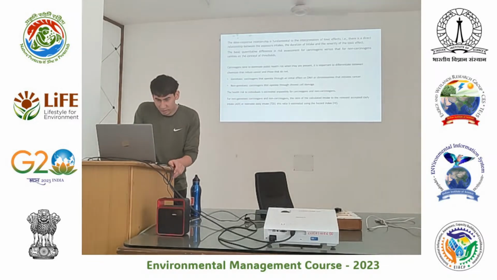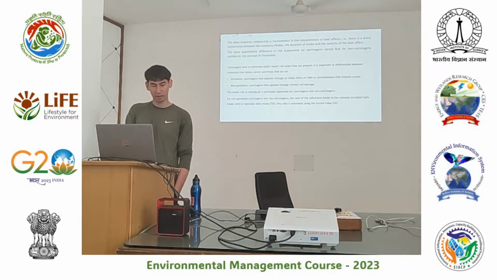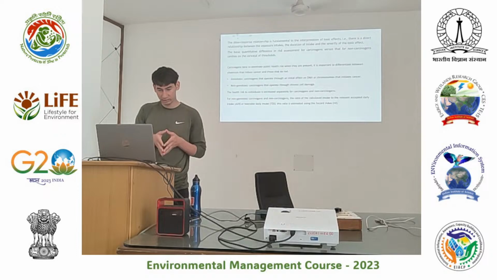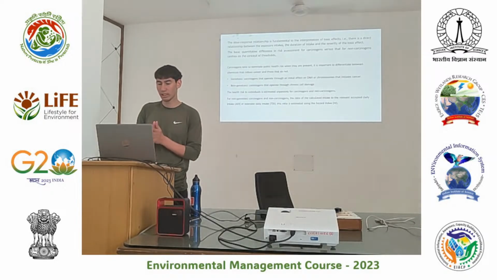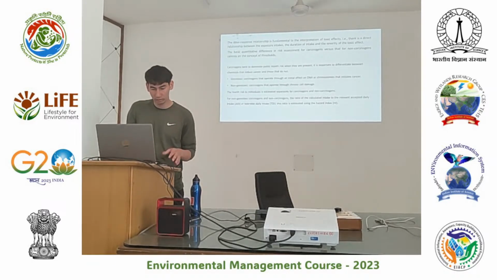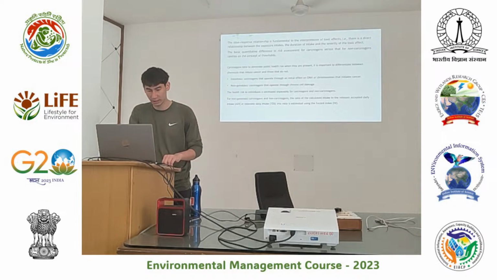Carcinogens can dominate public health risks. When they are present, it is important to differentiate between chemicals that induce cancer and those that do not. So there is genotoxic, carcinogens that operate through an initial effect on DNA or chromosomes that initiate cancer, and non-genotoxic, carcinogens that operate through chronic cell death.